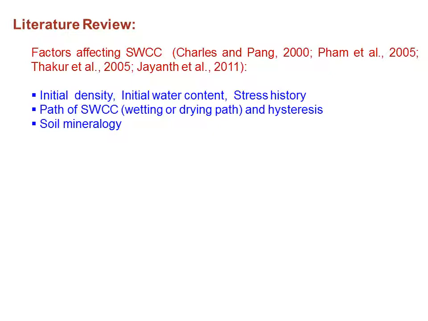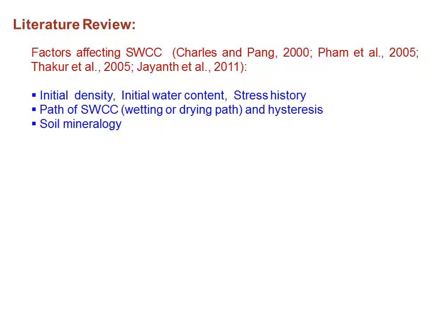So what I observed is the main factors which affect the SWCC are the initial density and water content, the stress history of the soil, the path of the SWCC, whether it is a drying path or a wetting path, and the hysteresis associated with these paths, the soil mineralogy, which mainly controls the shrinkage and swelling characteristics of the soil, and also the state of compaction of soil, whether the soil is undisturbed, that is the intact in situ soils, or initially slurried, for example mine tailings.